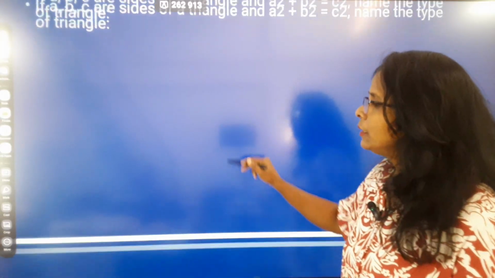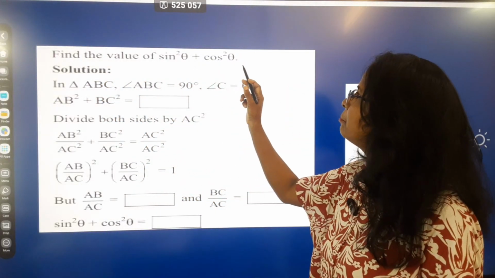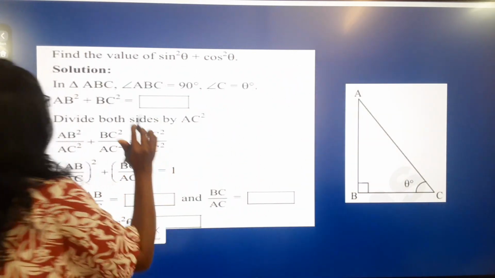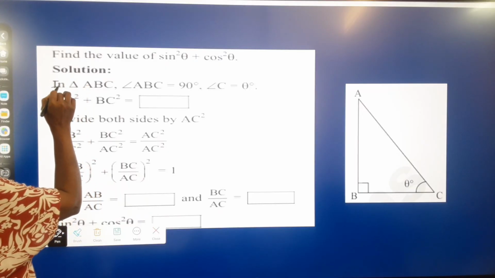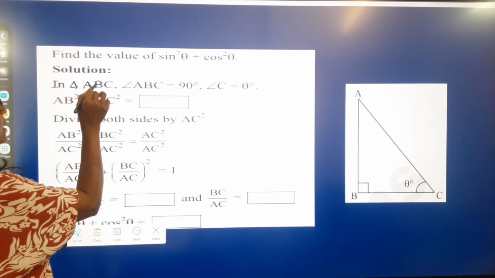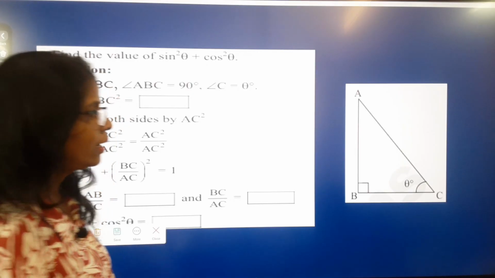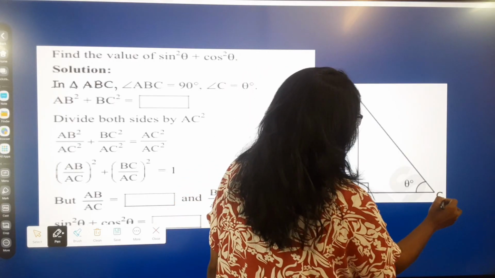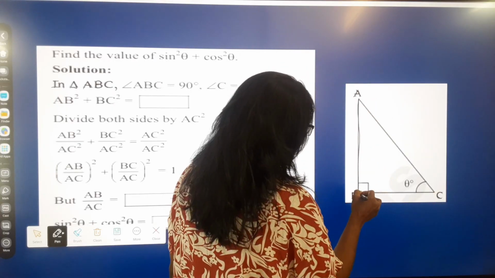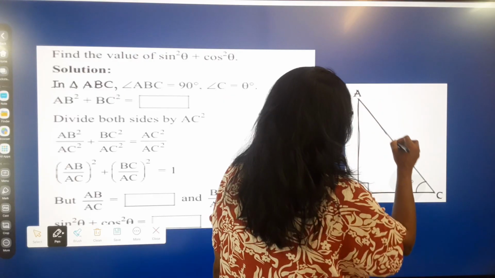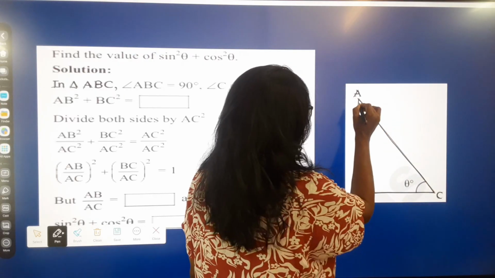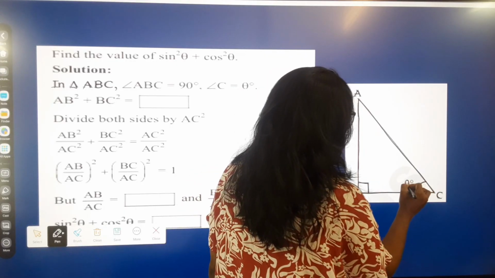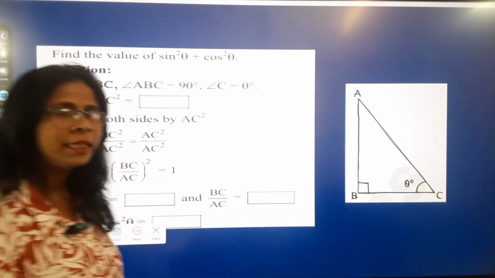Okay students, find the value of sin square theta plus cos square theta. So here it is an activity based question. So here now students, see here in triangle ABC. Given is the right angle triangle ABC. Okay, this is the right angle triangle, and this angle C is equal to theta.